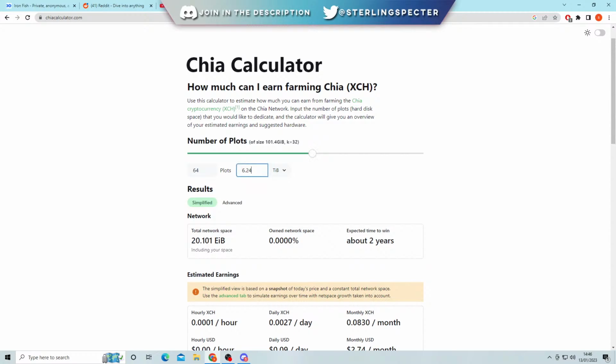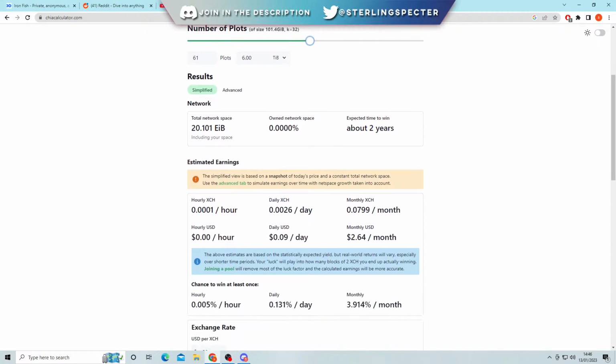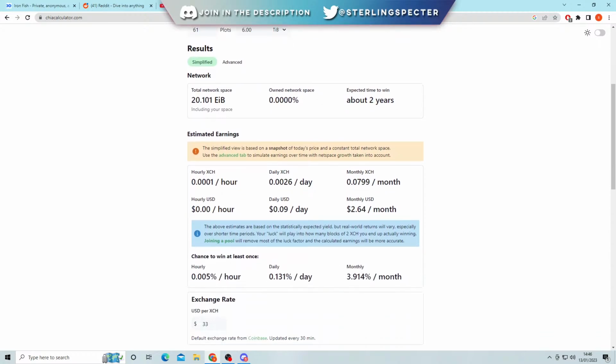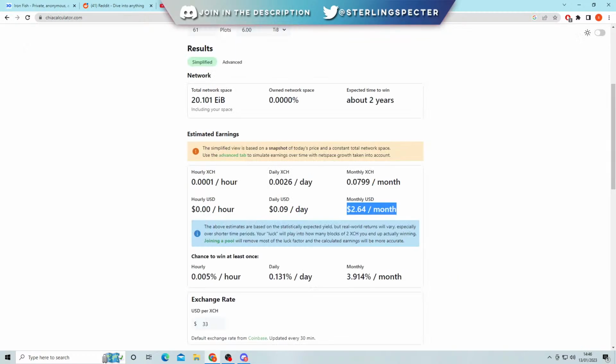Let's just type in 6 here. So 6 terabytes gives you 61 plots, which monthly is only $2.64 a month. The ROI to gain back $299 is basically non-existent, and you have to pay for electricity on it. So that's not good either.